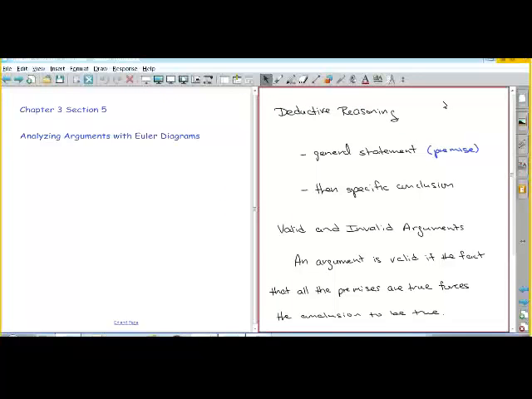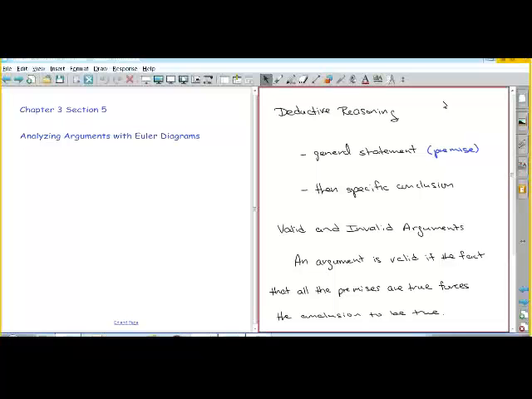Before we do that, we're going to have an argument that consists of 3 parts, and we'll find that that's the normal arrangement. You have 2 statements, and then you have a conclusion or result of the argument. In arguments we can analyze using the Euler diagram, we have a general statement, like we did with deductive reasoning.